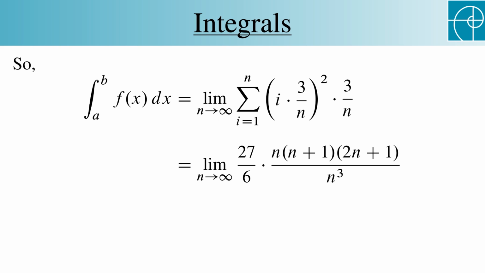We can treat this in exactly the same way we would treat the same expression involving an x instead of an n. Ignore the 27 over 6 for a moment. The rest is a ratio of two polynomials of degree 3, so the limit as n goes to infinity is just the ratio of the leading coefficients. That means that the limit is 27 over 6 times 2 over 1, which simplifies to 9.